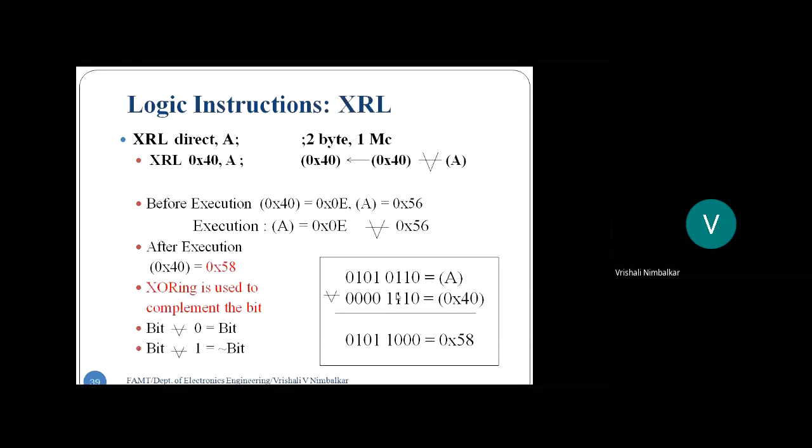E is 1110. So look at that 111. 111 is XORed with 111. See the output, exactly opposite, 000. So remember this about XORing: if you XOR the number with 1, you will get the complement of that number. And if you XOR the number with 0, you get the number as it is.